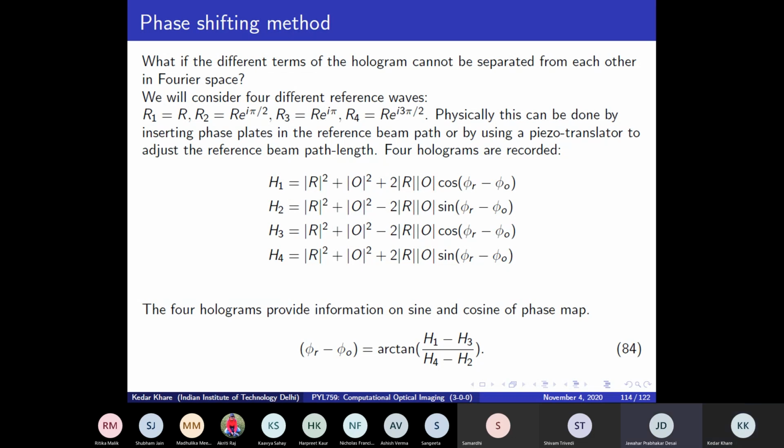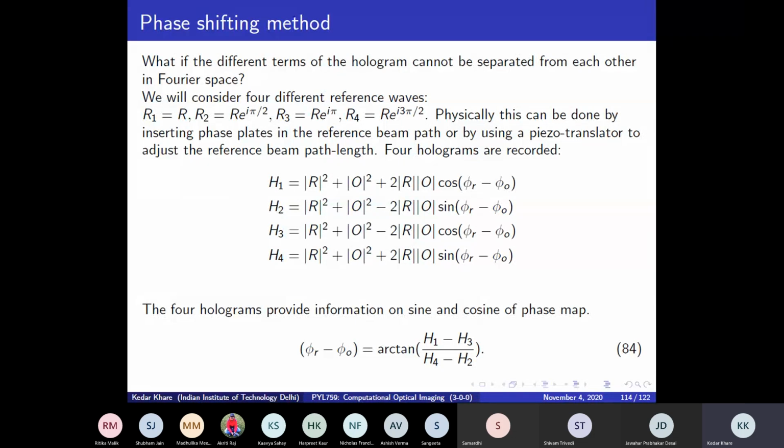Yes, sir. Okay. And so how can I get phi r minus phi 0? If you took H1 minus H3, that will give you the term cosine. And if you did H4 minus H2, that will give you the term sine. Okay. And so, sorry, I have to write the inverse of this.